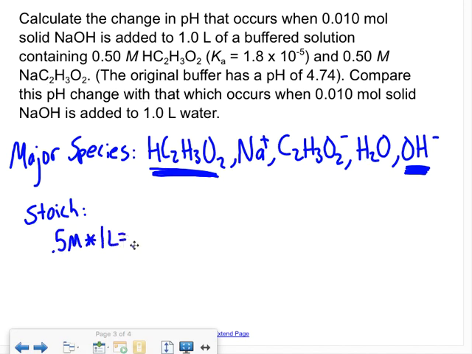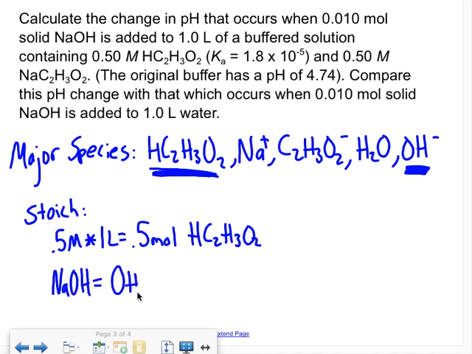So we know that that buffer is going to contain half a mole of acetic acid. All right, and we also are adding 0.01 moles of solid sodium hydroxide. And since NaOH has 1 hydroxide in it, the moles of sodium hydroxide is going to be equal to the moles of hydroxide. So if we add 0.01 moles of sodium hydroxide, we're adding 0.01 moles of hydroxide.